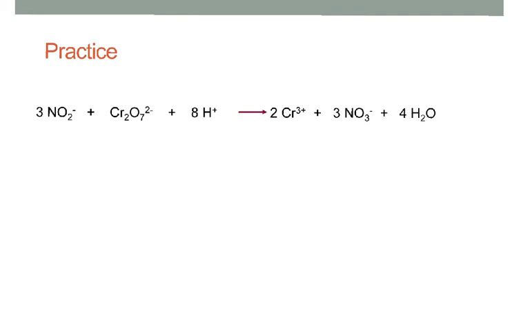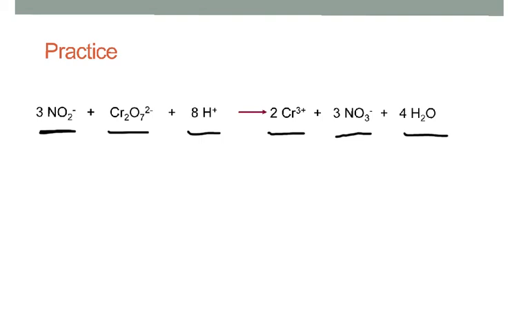I think I called the reactant nitrate. I meant nitrite. So nitrite plus dichromate plus acid yields chromium 3 plus, nitrate ion, and water. We want to identify what's being oxidized and what's being reduced in this reaction.